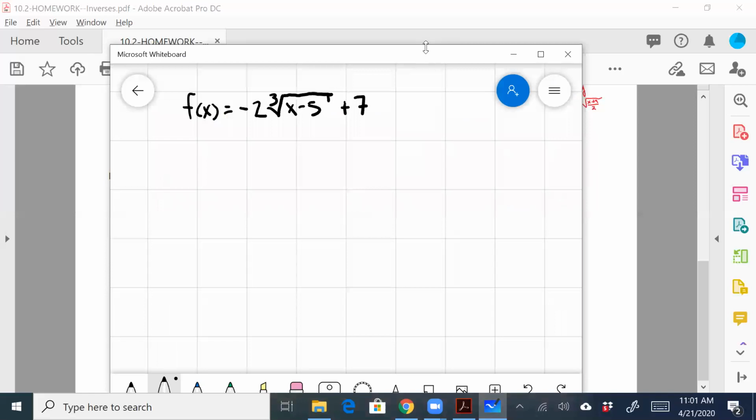So the f of x needs to be y. We just need to change that to y.